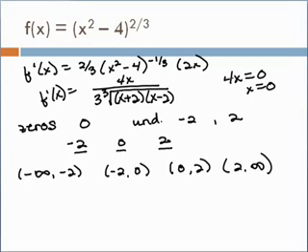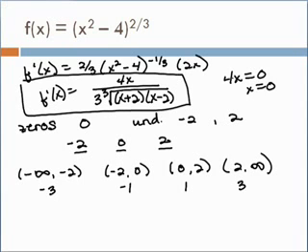So 3 critical points gives me 4 intervals to try. Then we find a test point in each one of those intervals. Let's do -3, -1, 1, and 3. So we plug these into the derivative.